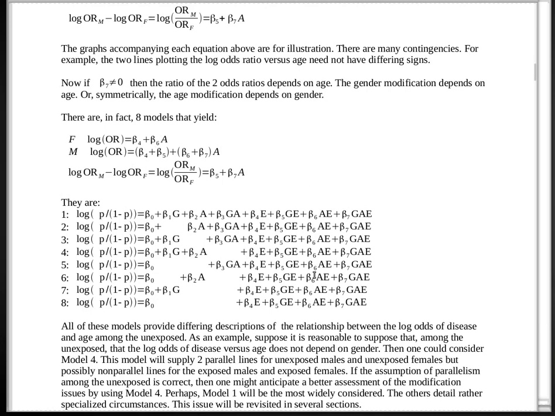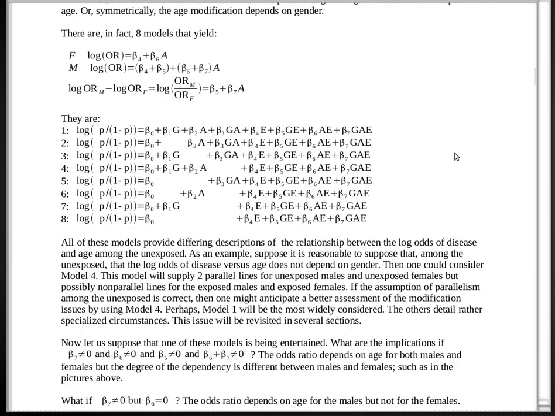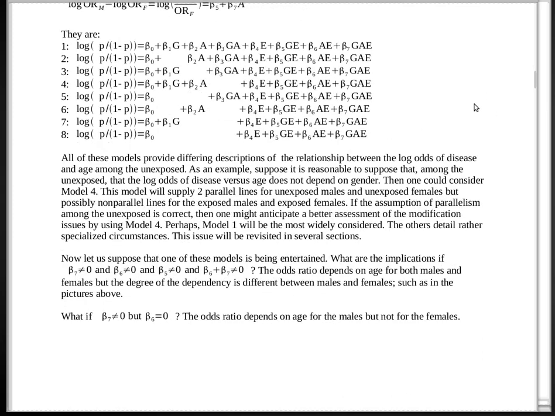And if beta 6 is 0, that's saying that the relationship between the log odds ratio and age is not present. But if beta 7 is non-zero, then that means that beta 6 plus beta 7 is non-zero. And so the odds ratio does depend on age for the males, but does not for the females.